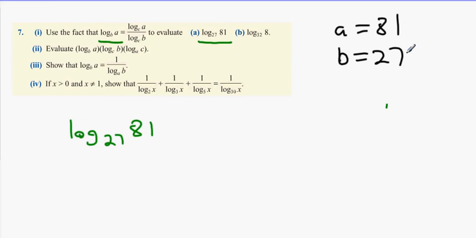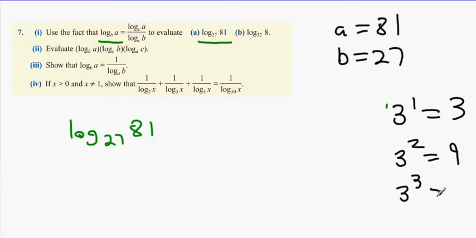Now, lucky for you, you could do it in your calculator quite easily. But it doesn't matter what you choose for C, what would be a really good choice for C is a number whose power system goes through 27 and 81. What I mean by power system is this. 27's in there, and so is 81. So I'm going to let C be equal to 3.